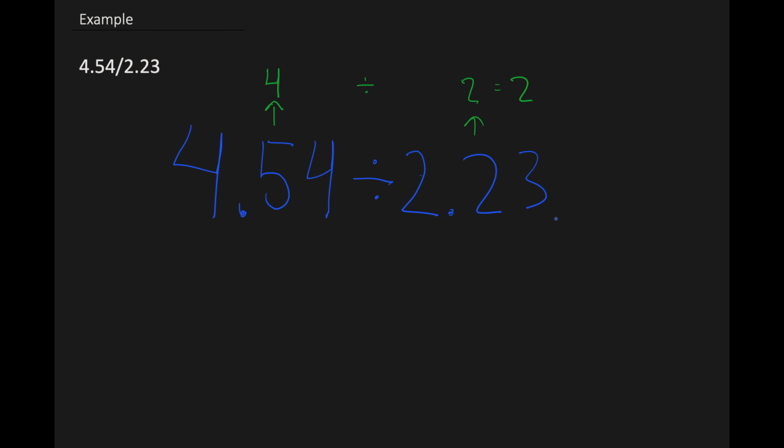So, let's do this. You have 2.23, and you have 4.54. We already know that 4 and 2 are compatible, so we probably won't want to change those whole numbers. So, let's round this to the nearest tenth.